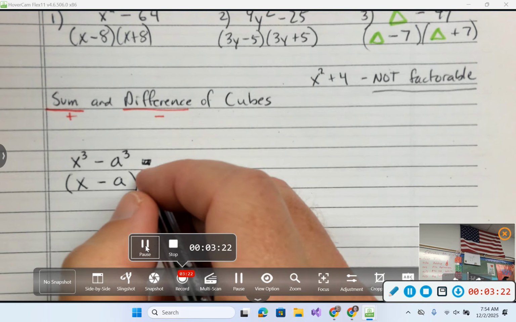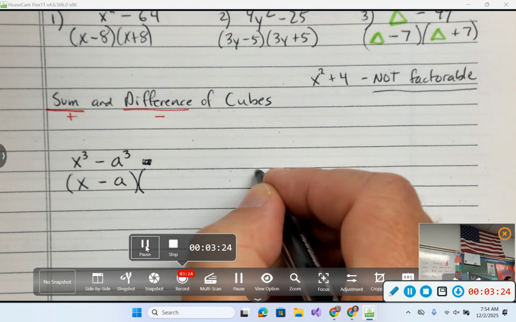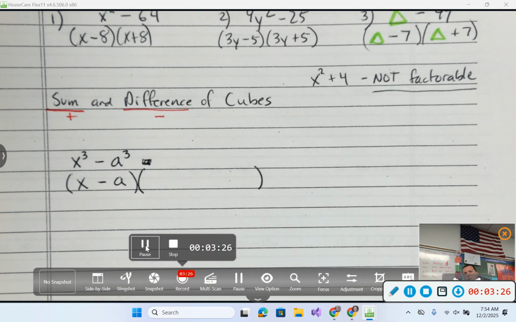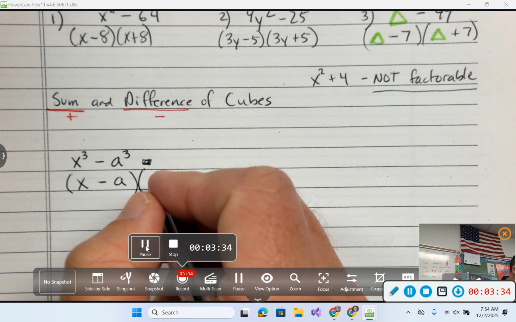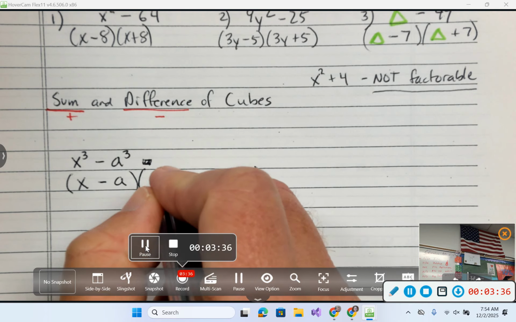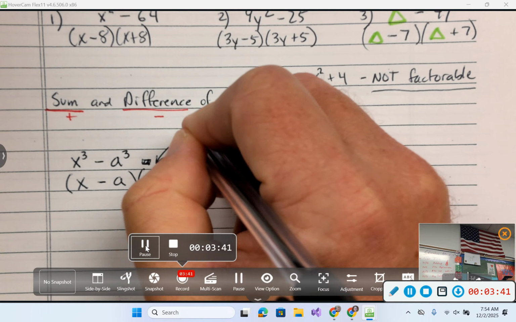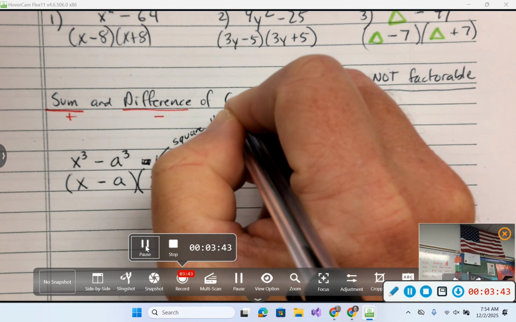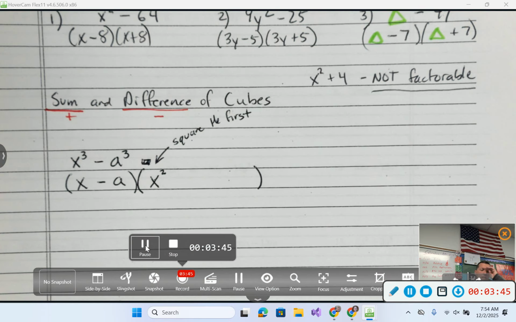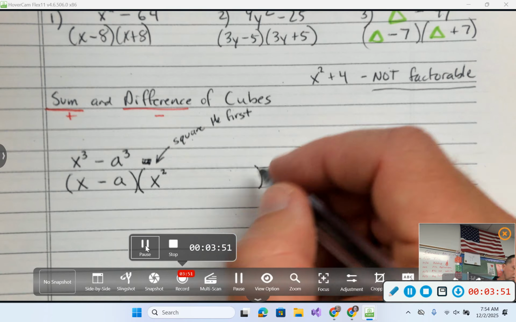x minus a. And then the second parentheses is a little bit longer because there's going to be three terms in there. x squared and minus a squared, and you add them together. Okay, so you're not far off. The first term is going to be: square the first. And we are going to have an a squared, but it's going to be back here at the end.